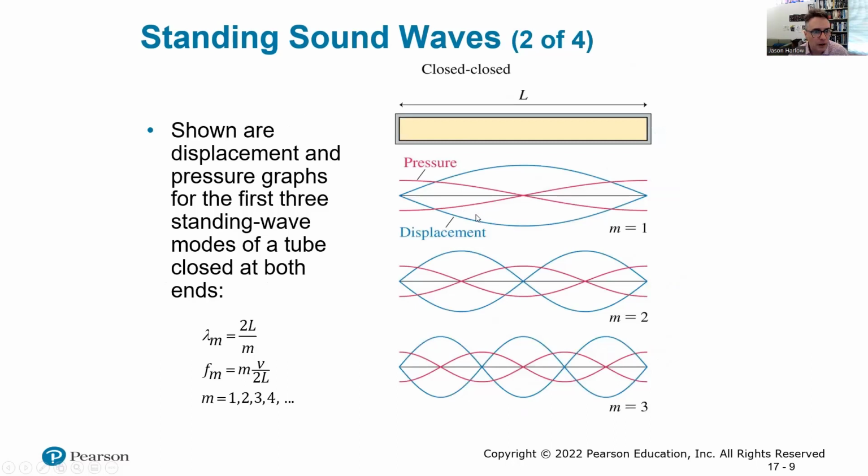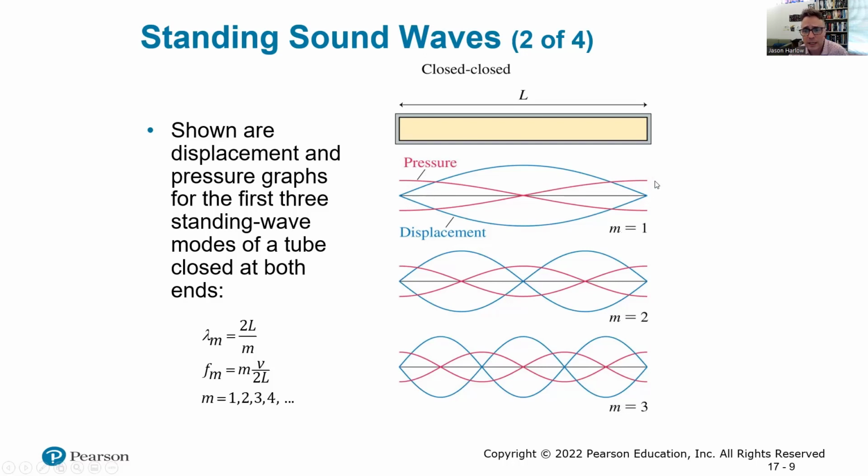So this is a closed tube. And what are shown here are 3 different modes of standing waves. And the one you want to focus on is the one that's measured by your microphone in your experiment today, the pressure wave.